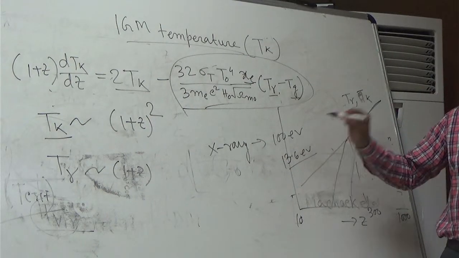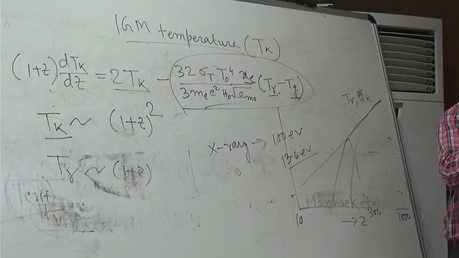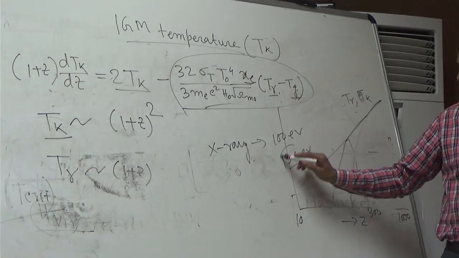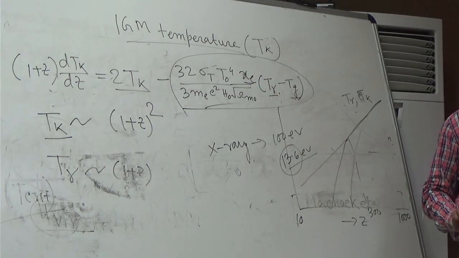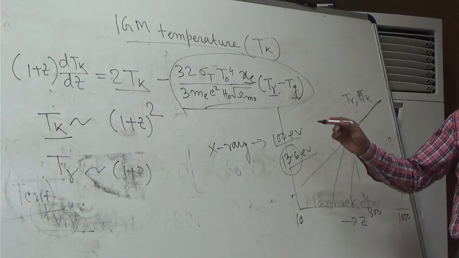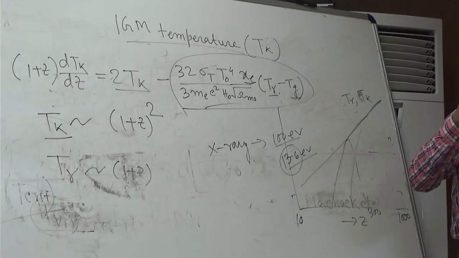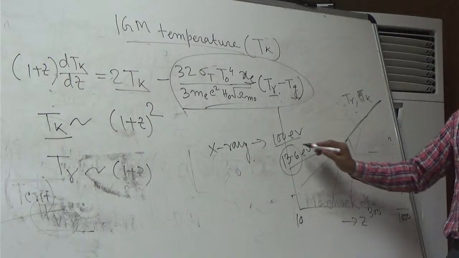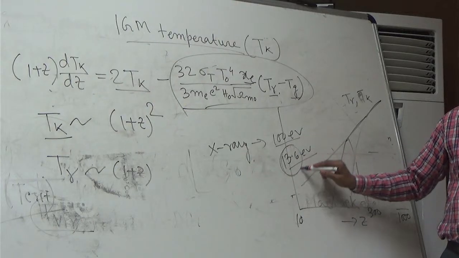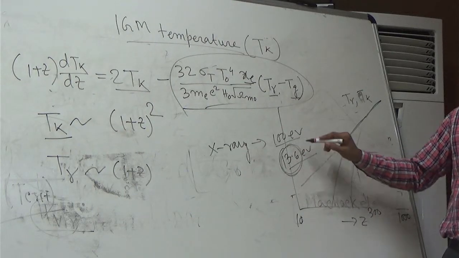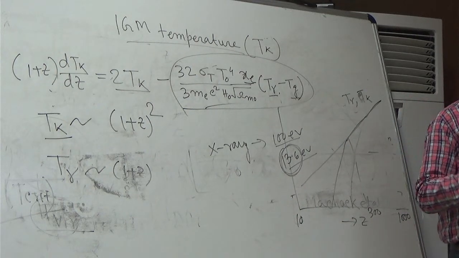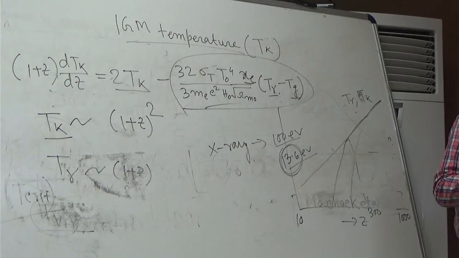So this X-ray photon will hit one neutral hydrogen atom and ionize it, and for that you need 13.6 electron volt energy. The rest of the energy will be transferred to the free electron and proton as heat energy. So out of 100, this amount will be used for ionization, and the rest of the energy will be used for heating. So by that process, you can heat up the intergalactic medium.